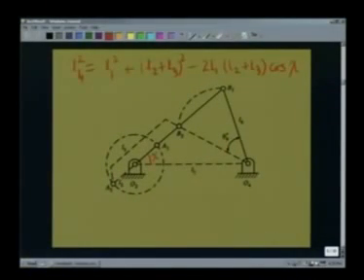Now, to determine cosine chi, let me drop a perpendicular from O4 to the line B1, B2.